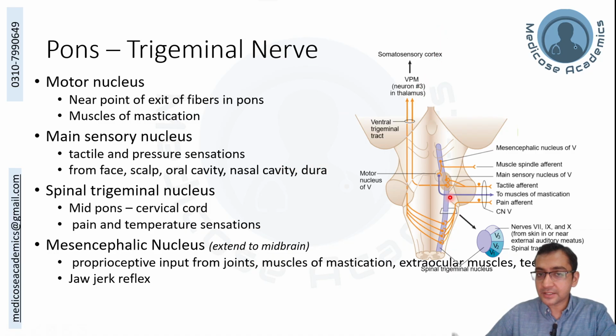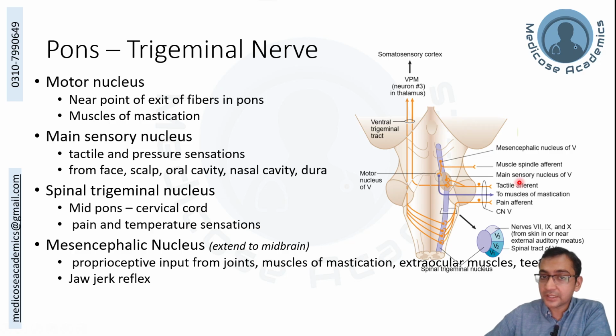Third is the spinal trigeminal nucleus. That is the downward extension of this nucleus that goes all the way down to the upper segments of the spinal cord, and from the same area of supply, that is face, scalp, oral cavity, nasal cavity, and dura, this nucleus receives the pain and temperature sensation. So that nucleus is equivalent to the substantia gelatinosa in the spinal cord.